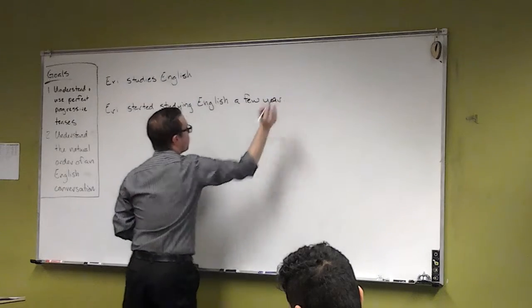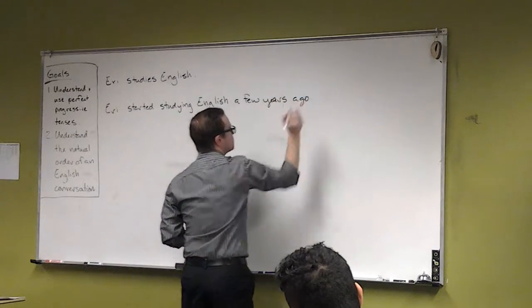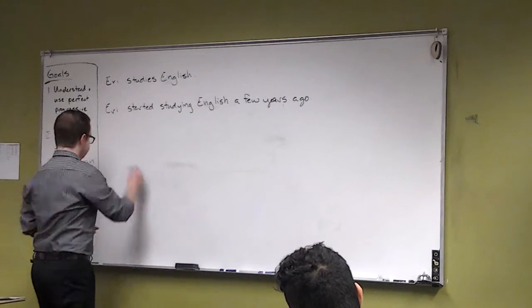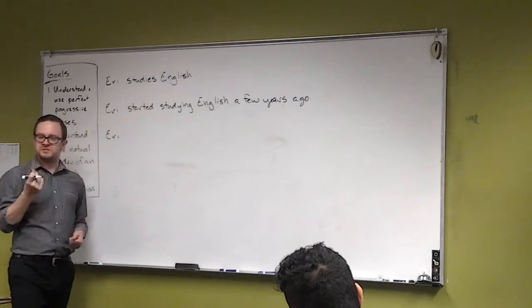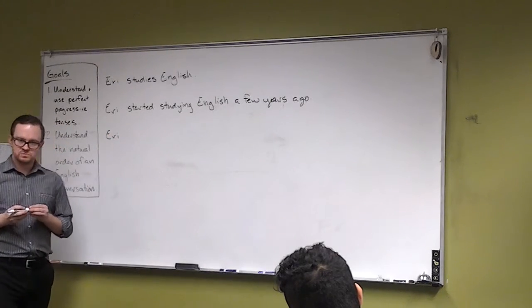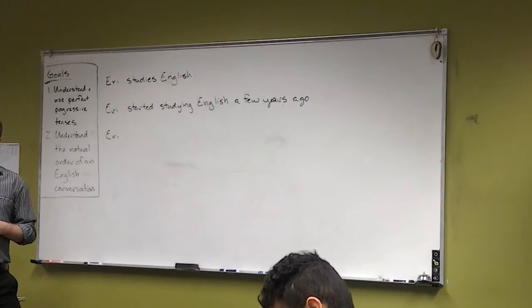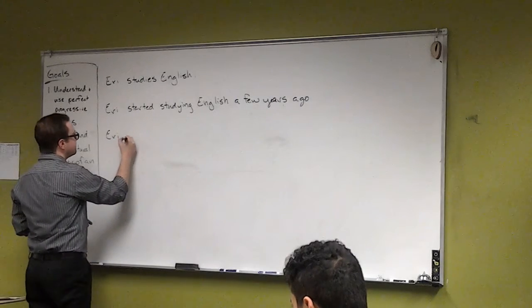Now, Eddie, why did you start studying English? Because I wanted to speak English. Okay. Was there any specific reason? I wanted to make foreign friends. Okay. All right. Very good. Okay.